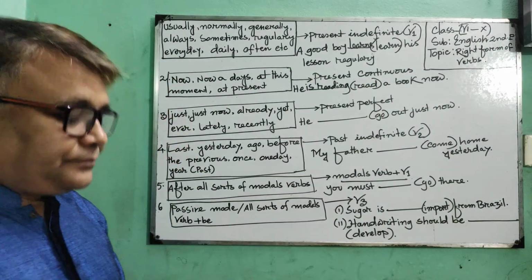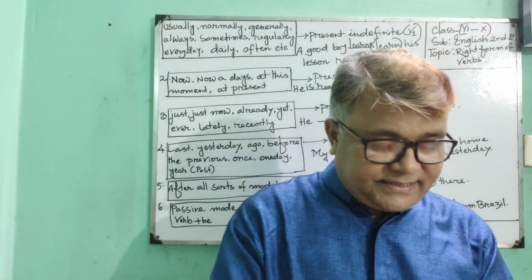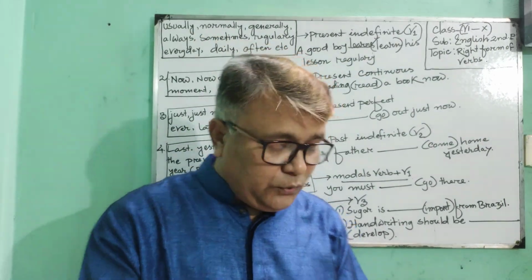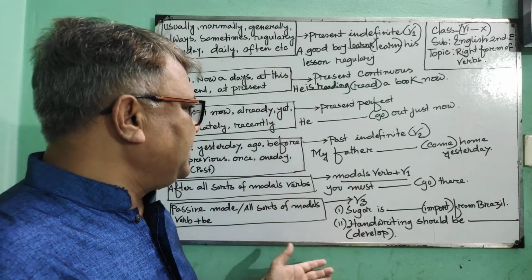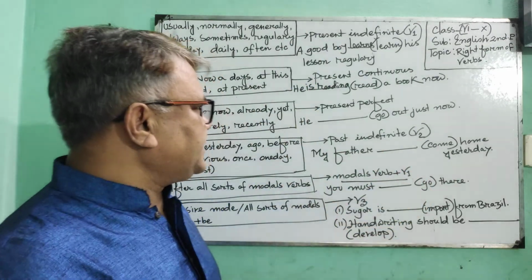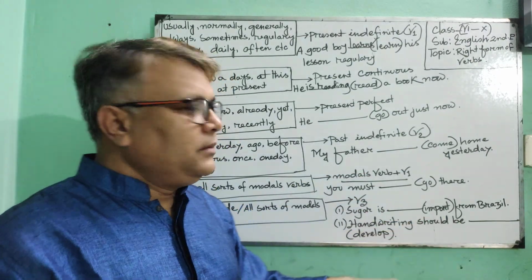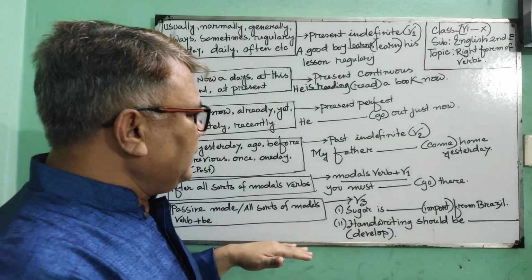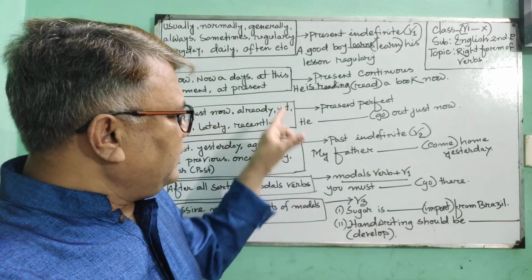Dear learners, in your exam, the students of class 6 and 7 will find right form of verb in such way. But from class 8 to intermediate level, you will find right form of verb in box form.